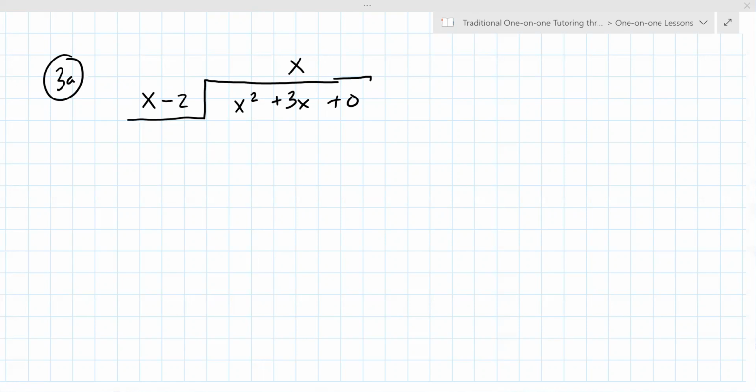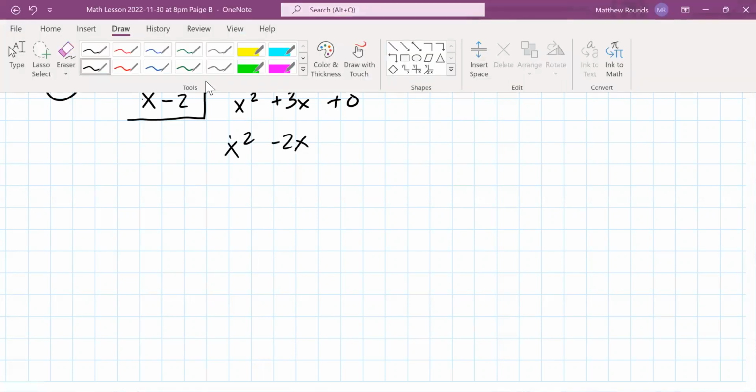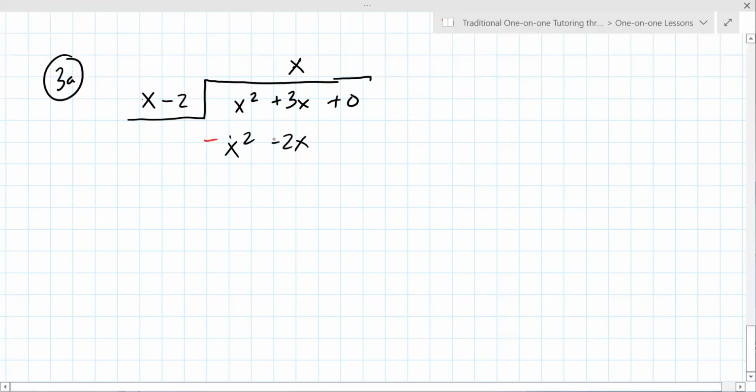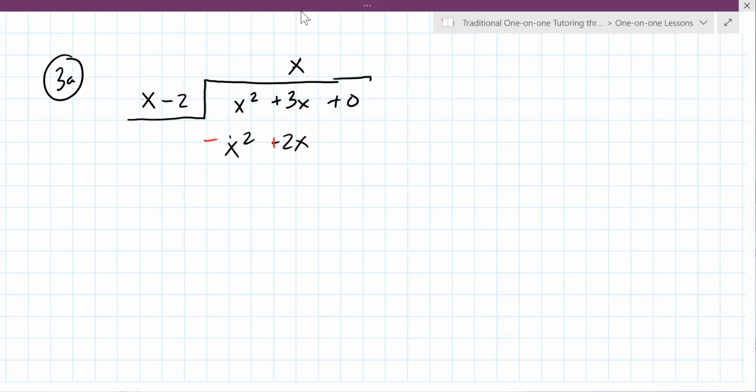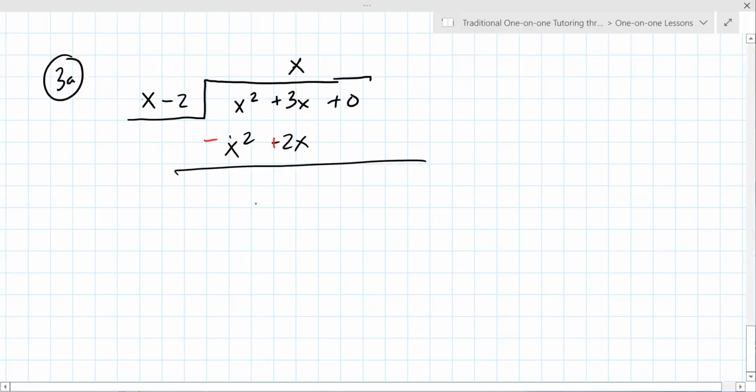So where did I go wrong? Let's look here. x times x is x squared. x times -2 is -2x. And then you change the sign, so it becomes minus and plus. I think we're going to see it right here. When you add, it's 0, but then it's 5x here.